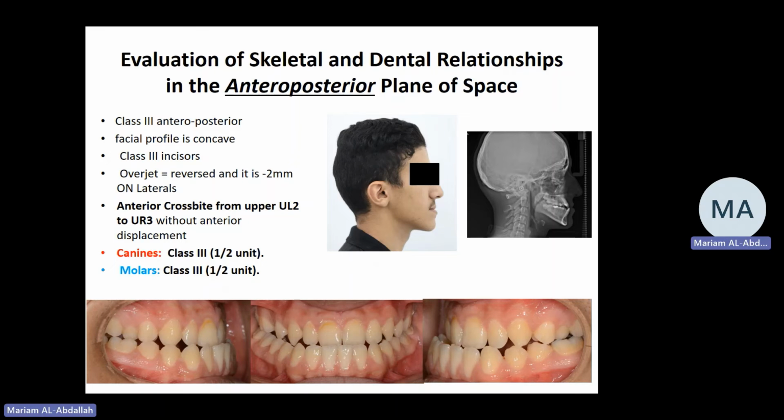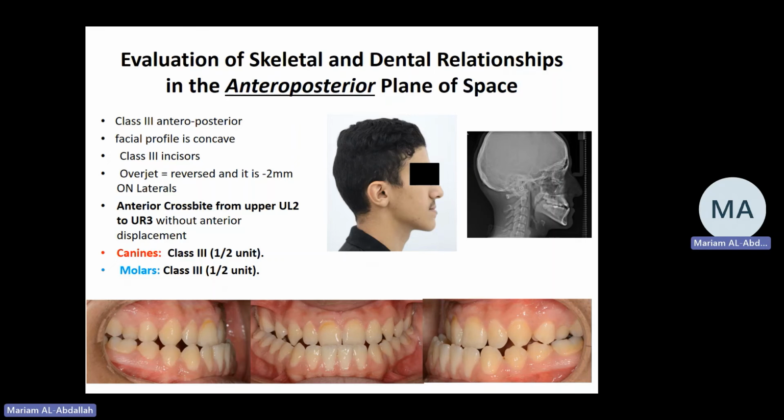Again, let's take this example. Now I want to describe the skeletal and dental relationship in the anterior posterior plane. Anterior posteriorly, the skeletal pattern is class 3. The profile is concave. The incisors are class 3 with a reverse overjet of -2.